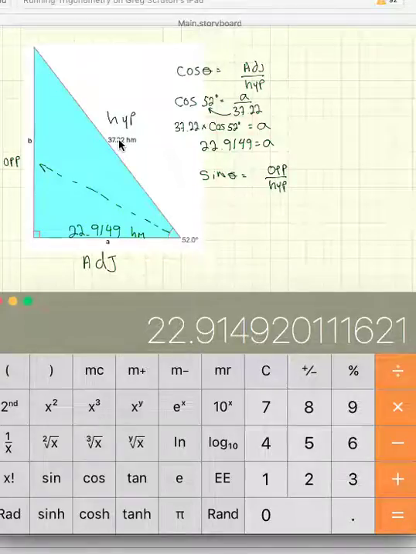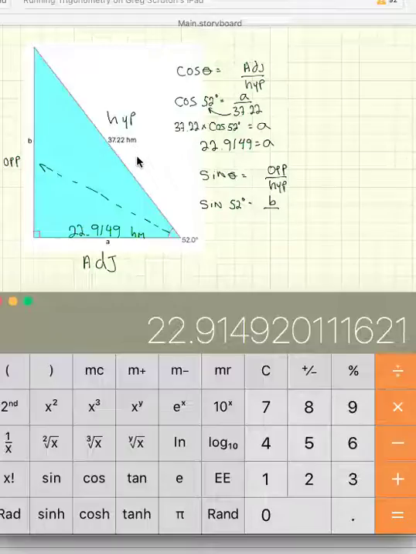And then I fill in what I know. So the sine of 52 degrees is the opposite, which is our B side, divided by the hypotenuse, which is 37.22 hectometers.